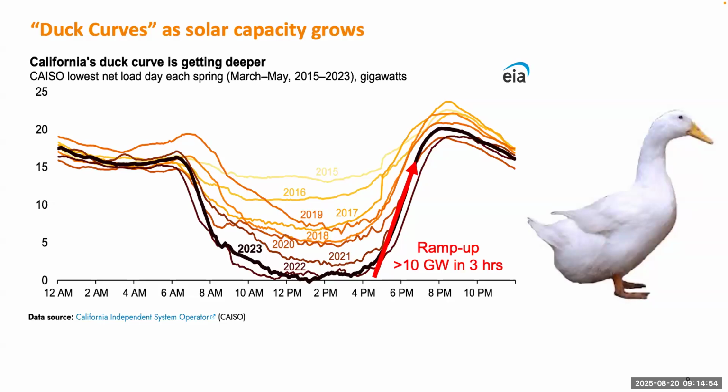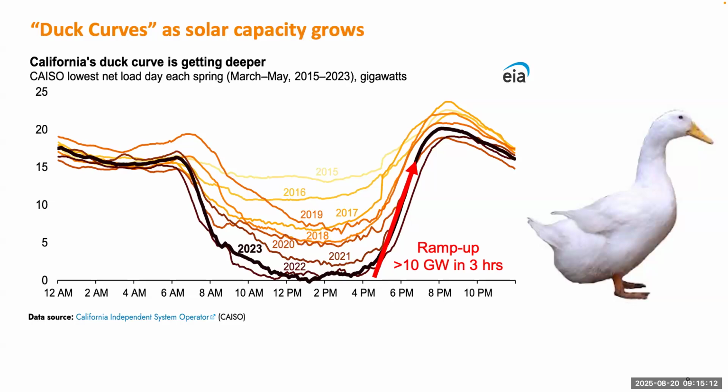That will cause a very large slope. So you need conventional generators to ramp up power at a very high speed, such as more than 10 gigawatt in 3 hours. That is almost at the limit of most conventional generation.